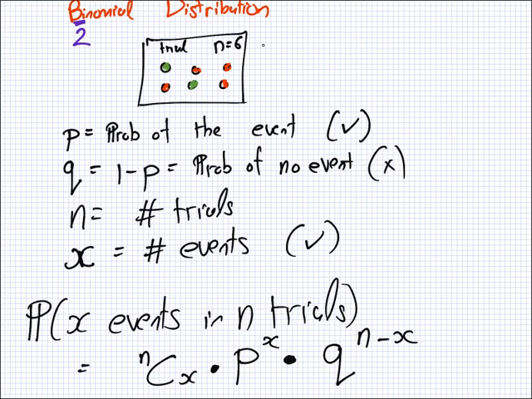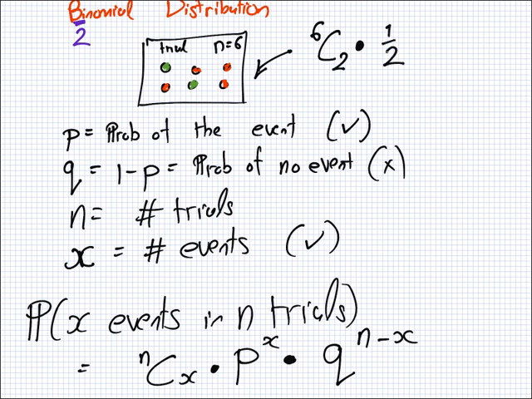So for example, this one here, what would be the probability of getting the two coins to land up heads? Well, that would be 6C2 times p, and what's p? In this question here, I'm wanting 2 heads from 6 coins. 1 over 2.